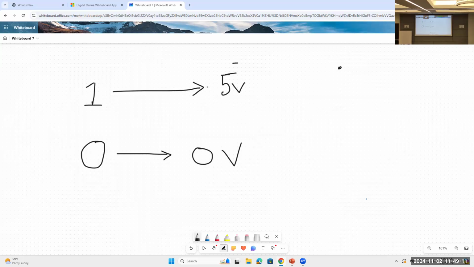Suppose in a circuit there are 2 voltage levels. One is 5 volt and the other one is 0. The higher voltage level will be represented as logical 1, and the lower voltage will be represented as 0. Actually, different circuit technologies use different voltages.